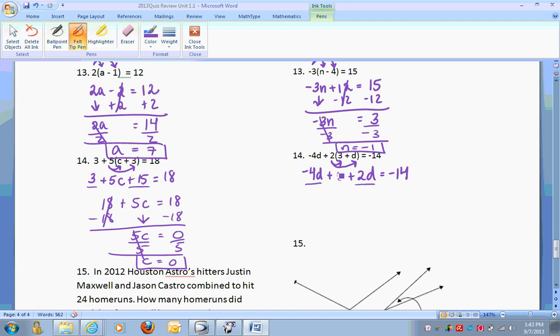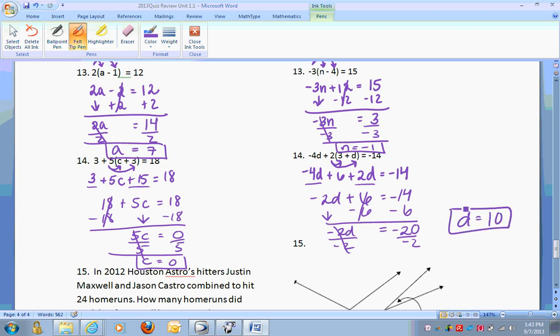Negative 4d and positive 2d gives me negative 2d plus 6 equals negative 14. Okay, now I'm going to subtract 6 on both sides. Bring down the negative 2d. Negative 14 minus 6 leaves me with negative 20. Divide by negative 2, and d is going to equal positive 10.